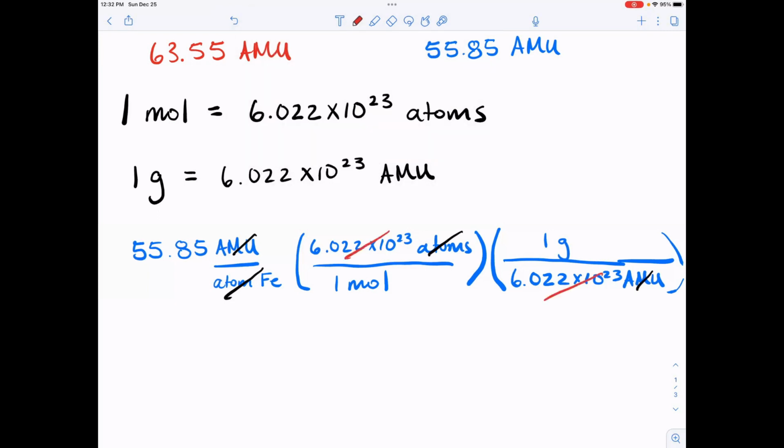So all that's left is 55.85 grams per mole, and this is for iron. We have 55.85 grams in 1 mole of iron. This tells us the atomic mass from the periodic table is the number of grams we need to have 1 mole of that substance. And that is very important.